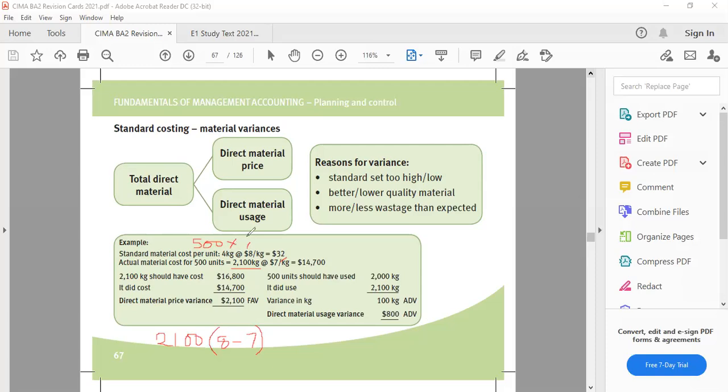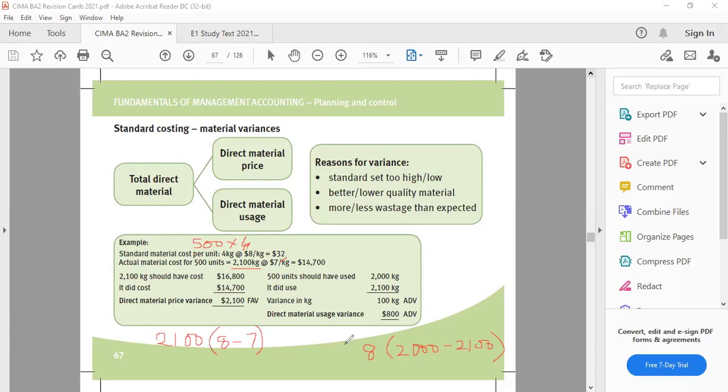So we have the difference between the standard quantity 2000 minus actual quantity 2,100. This is applied at the standard price, which is 8. So the difference of 100 into 8 is 800.